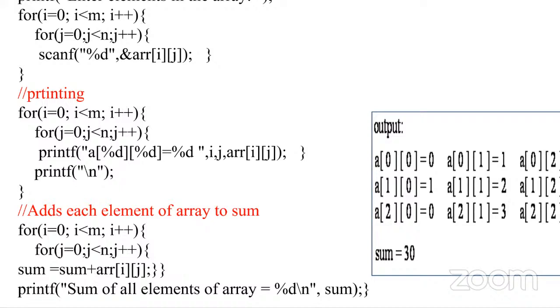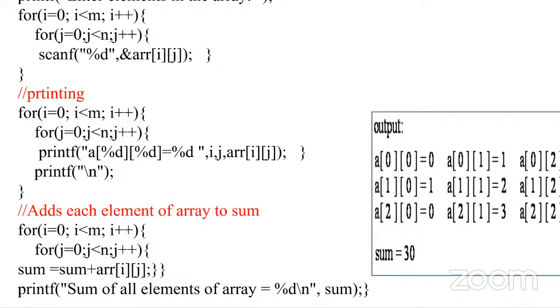So now where will it go? It will go to the statement and execute it here. Again, a of 0 and the j value is 1. What is the value present in a of 0, 1? 1. This 1 will be printed.